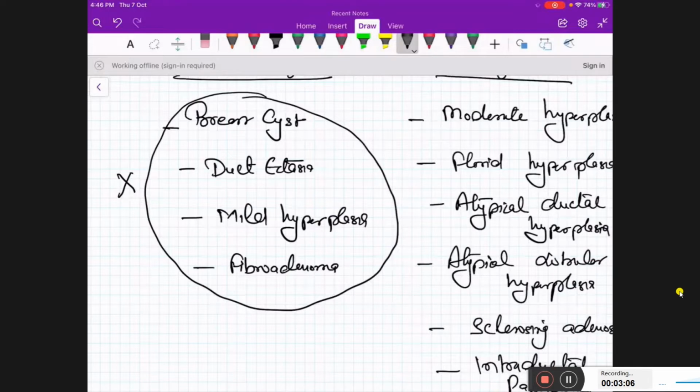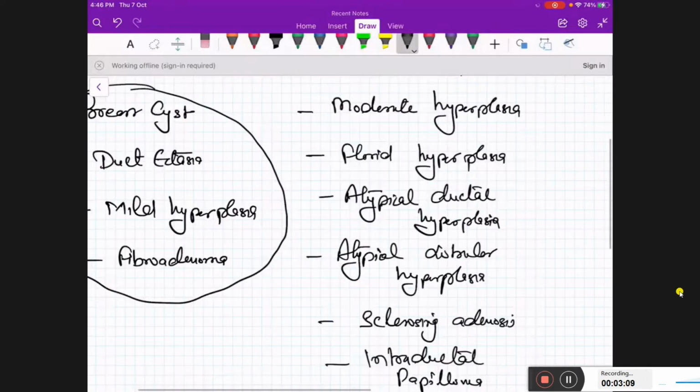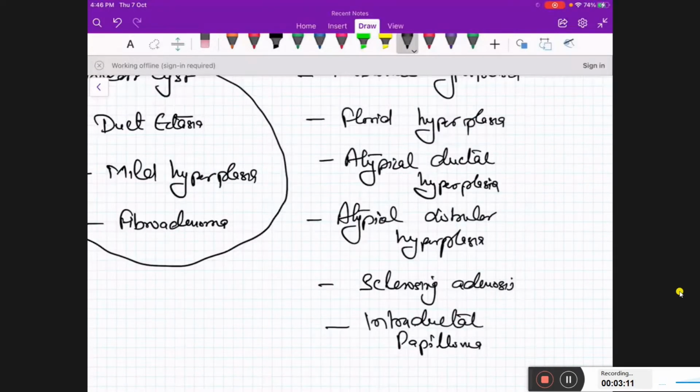However, most of the proliferative conditions have a risk of malignancy, except sclerosing adenosis and intraductal papilloma. Except for these two, the rest are pre-malignant conditions.